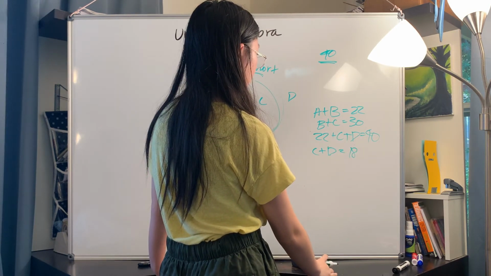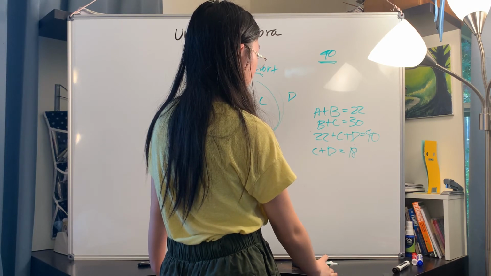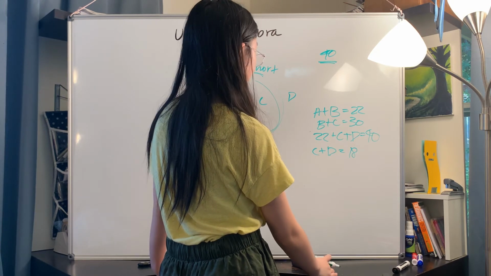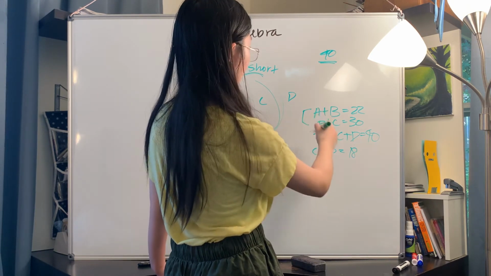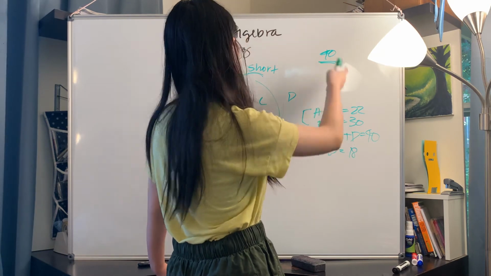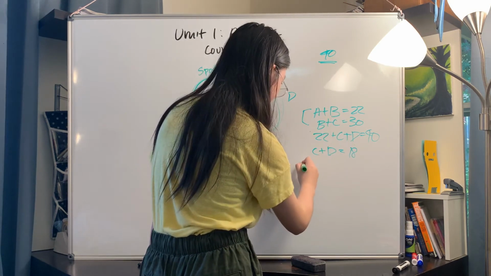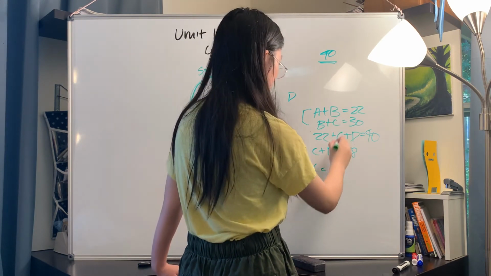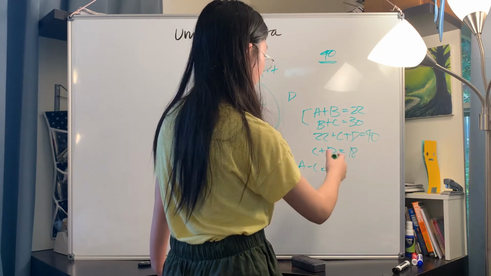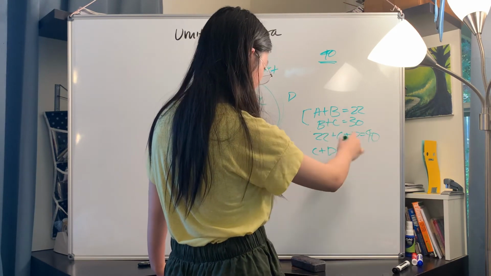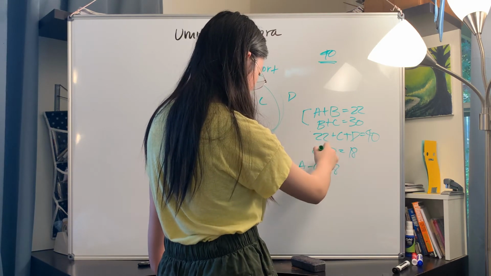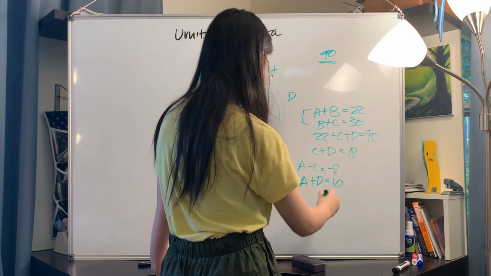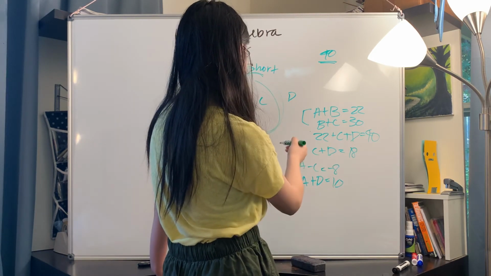And then you can find the difference between A and C here, or C minus A, I suppose. No, A minus C. So A minus C, and the B's cancel out, is equal to 22 minus 30, which is equal to negative 8. So you have this right here. And then if you add these together, you get that A plus D is equal to 10.